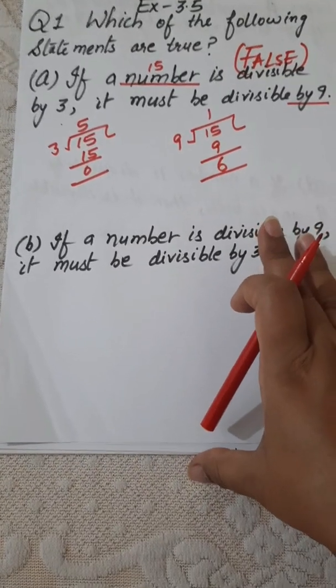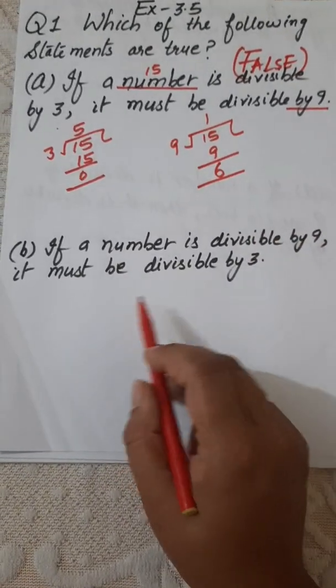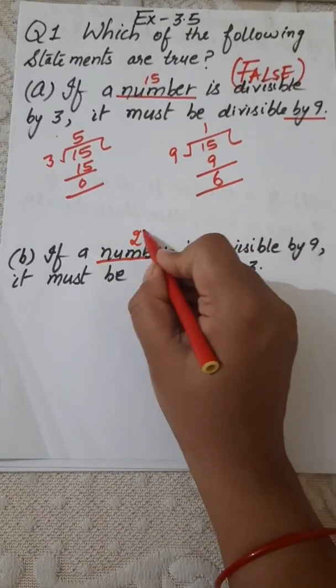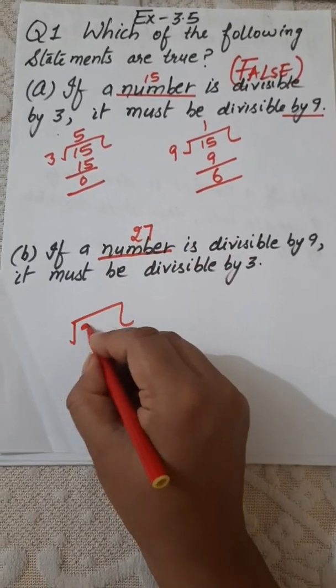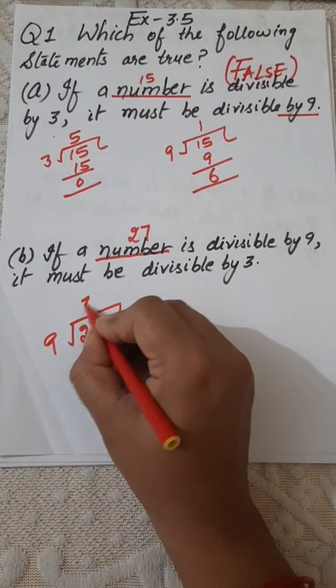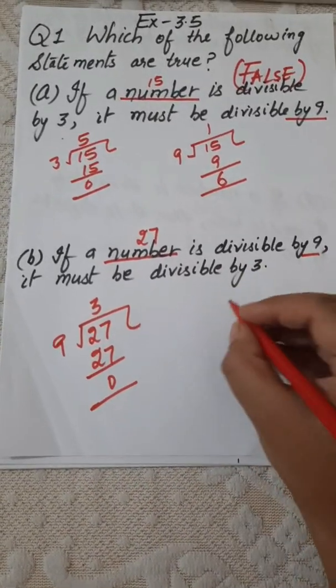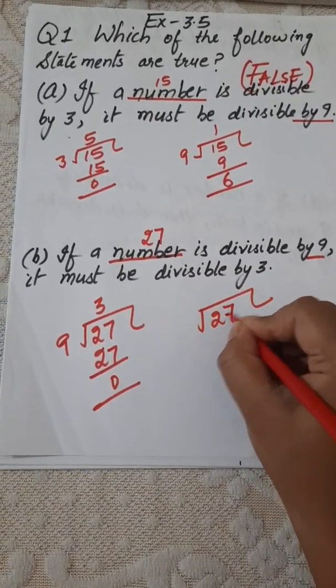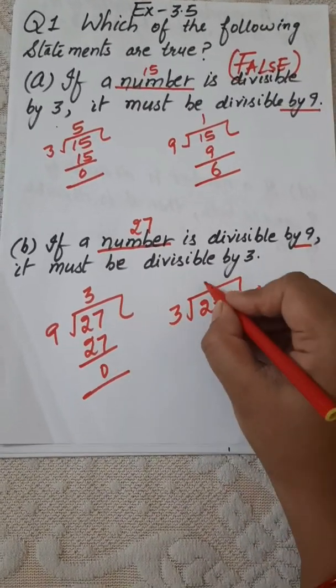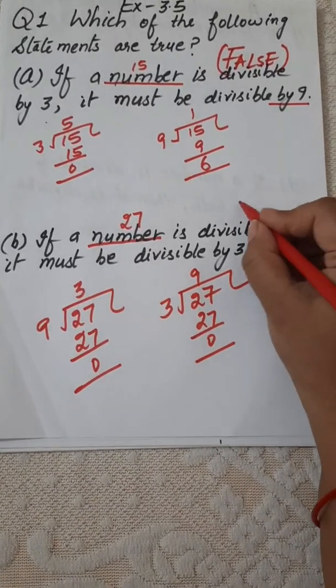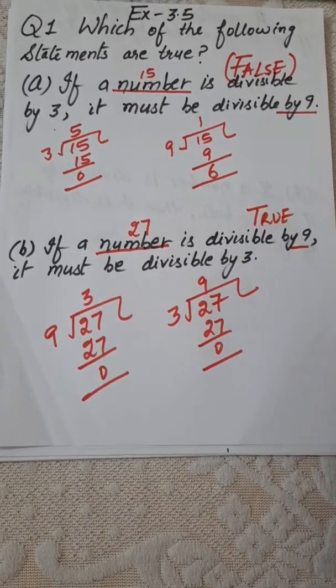Now here we have part B. If a number is divisible by 9, let's take 27. Here 27 is divisible by 9. 9 threes are 27. It must be divisible by 3. 27 divided by 3, here 3 nines are 27. So in this case we have a true statement.